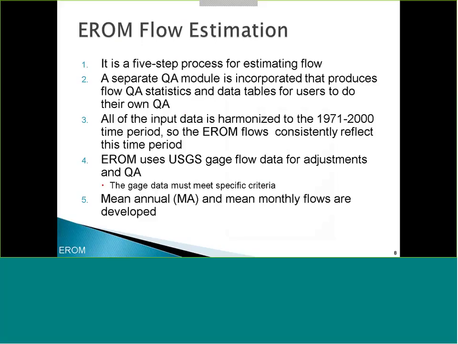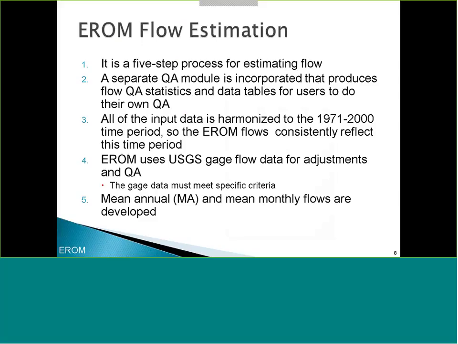And again, like I said, all the data is harmonized to the 1971 to 2000 time period. We use USGS flow gauges for adjustments and the QA, and the gauge data has to meet certain specific criteria, and I'll cover that in a bit.